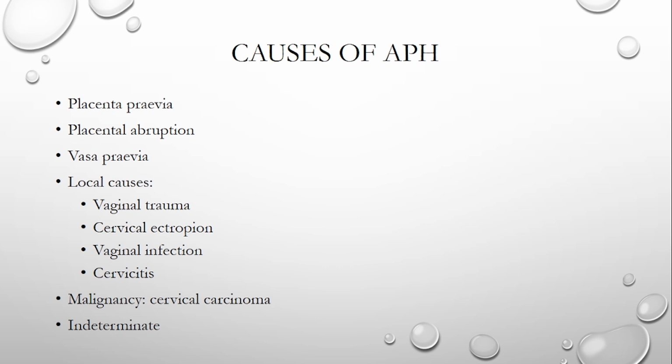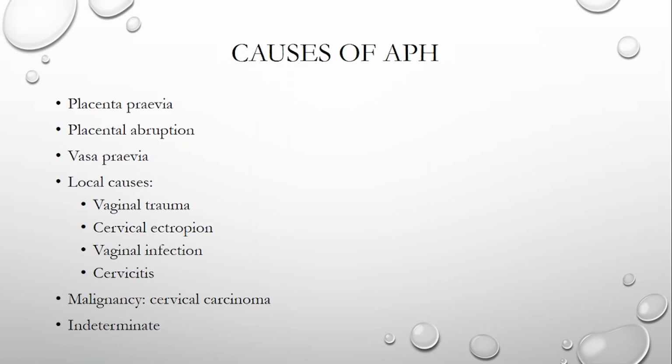Cervical ectropion is that situation where the inner lining of columnar epithelium comes to line the ectocervix, and the ectocervix looks velvety and reddish. Where the woman has intercourse in pregnancy, because of the highly hemorrhagic nature of the cervix, she could bleed from cervical ectropion or cervical erosion.